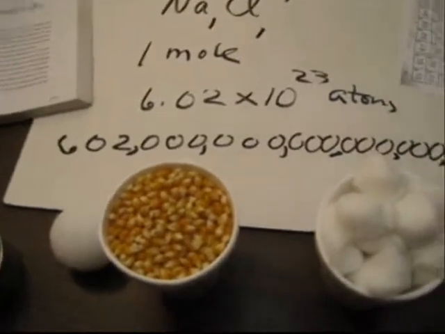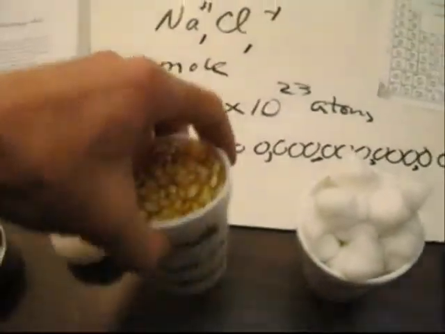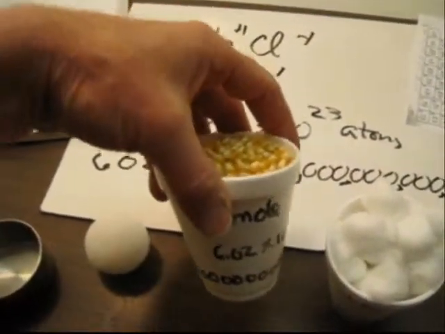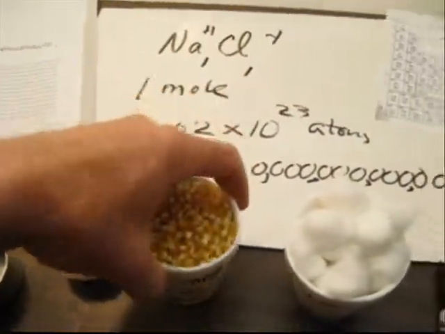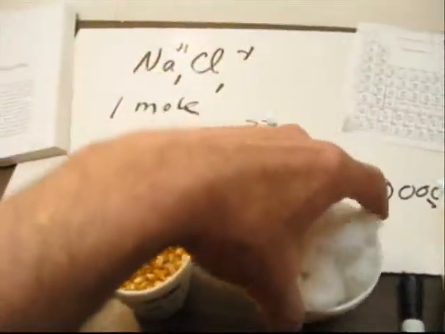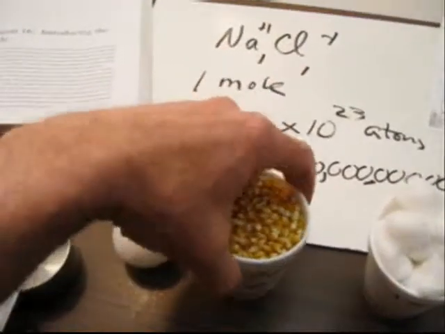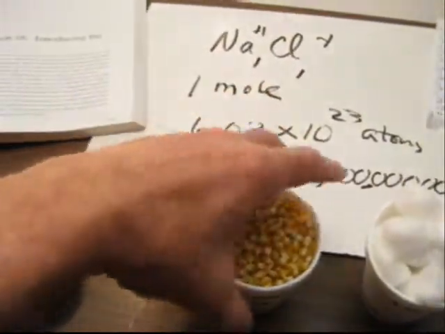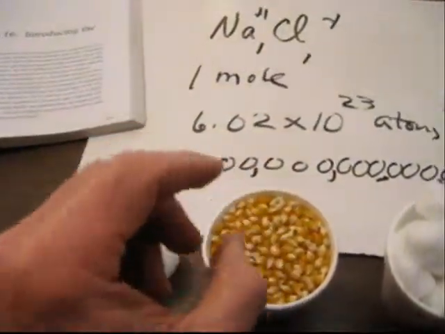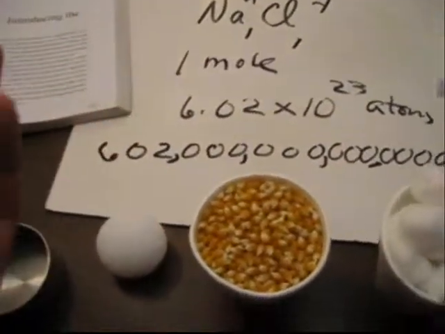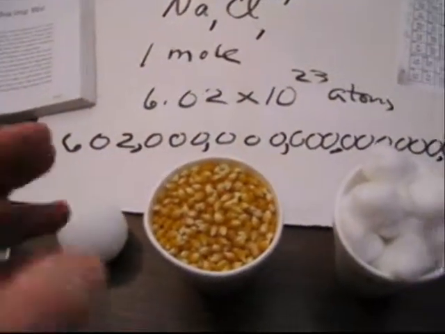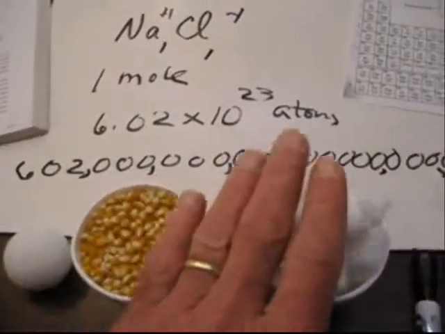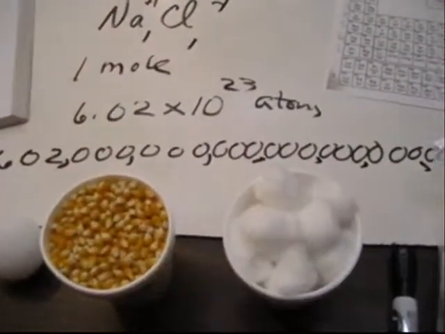Okay, so we've got this popcorn here and our cotton balls here. Obviously, this has a greater mass, which means that the individual atoms here must have more protons and neutrons in the popcorn per atom than there are per atom of the cotton balls.